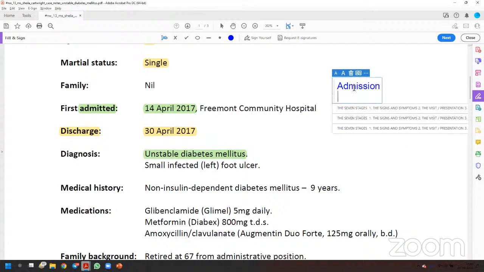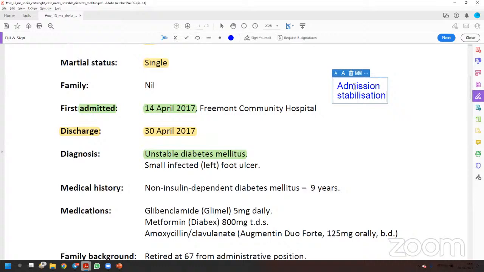After admission, you can write for what purpose she was admitted: admission was for stabilization of diabetes mellitus type 2, T2DM.